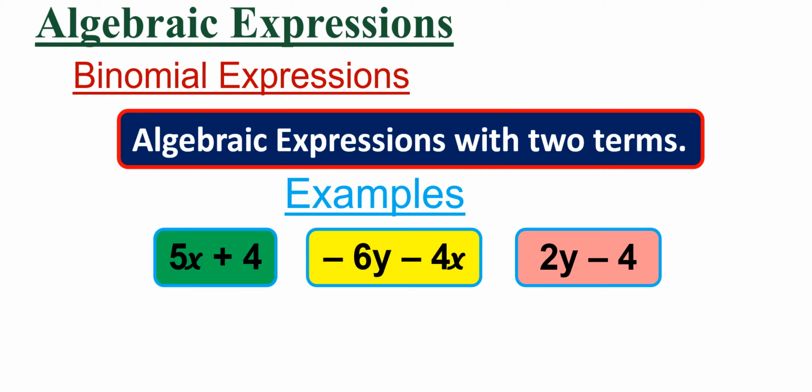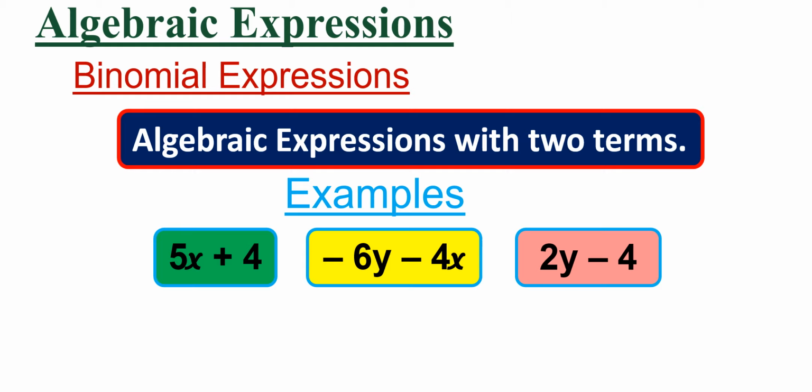In our first example, the algebraic expression 5x plus 4 has its first term to be 5x and the second term to be positive 4. So you see, we have two terms in this algebraic expression. That makes it a binomial expression.